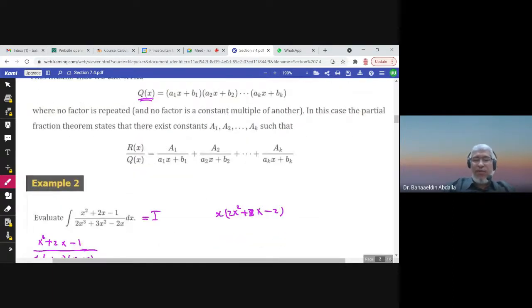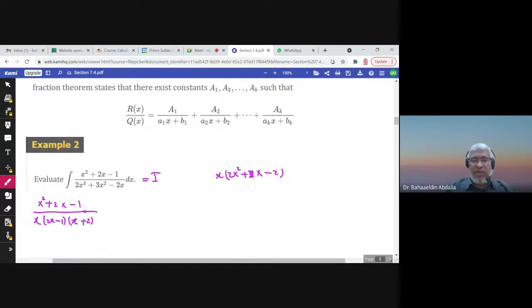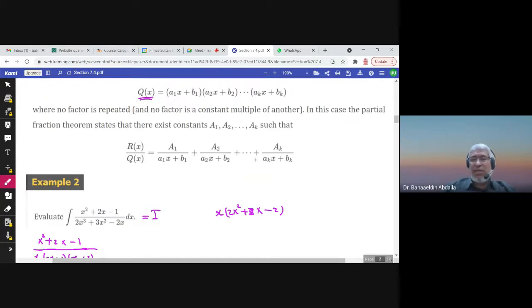Now, if the denominator can be factored into distinct linear factors like this, then the partial fraction theorem says that you can write R(x) over Q(x) like this, where A1 up to Ak are just constants.